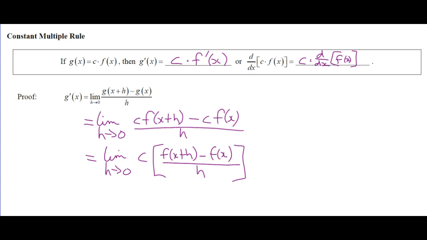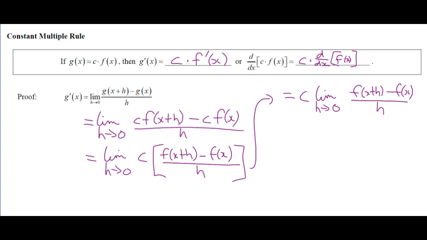And if you have a constant inside a limit, then we have the limit property, which says that you can pull the constant out front, right? So that's equal to c times the limit as h approaches 0 of f of x plus h minus f of x over h. And what is the limit? Well, what's another way of saying this is just f prime of x, right?